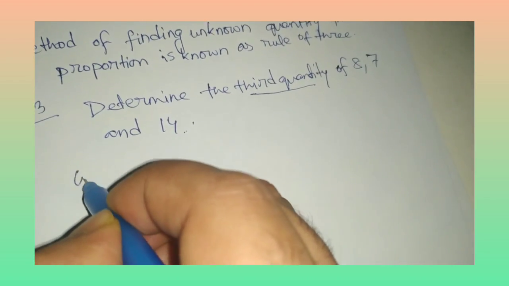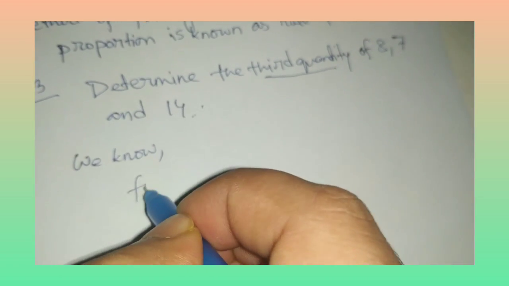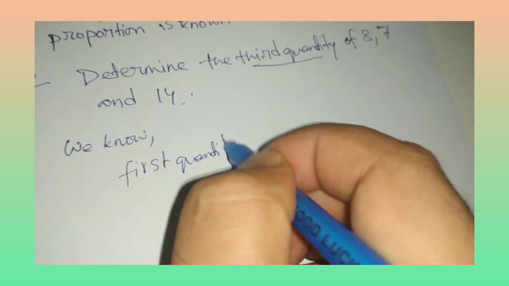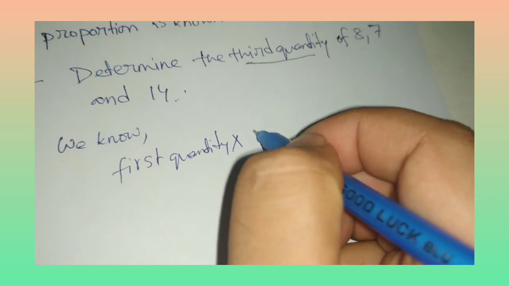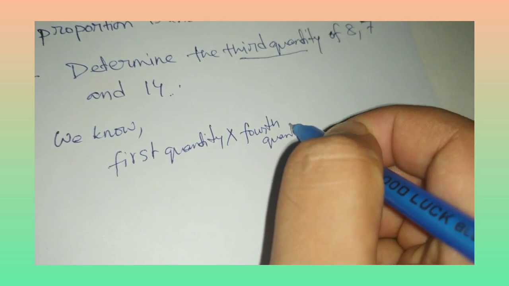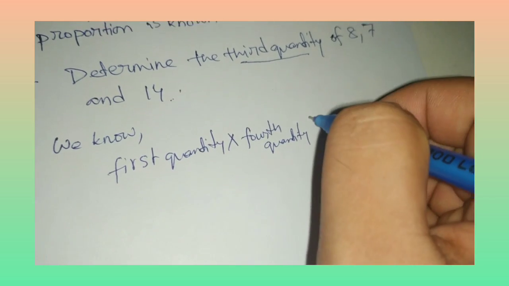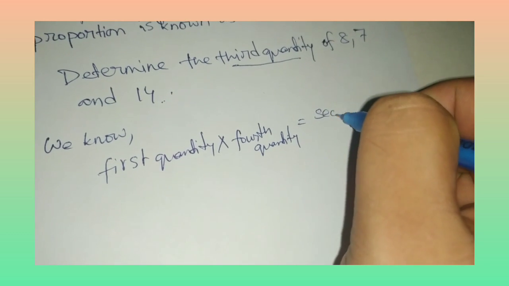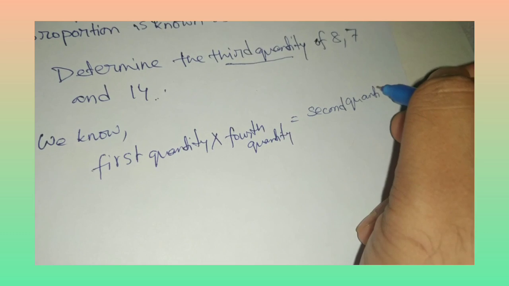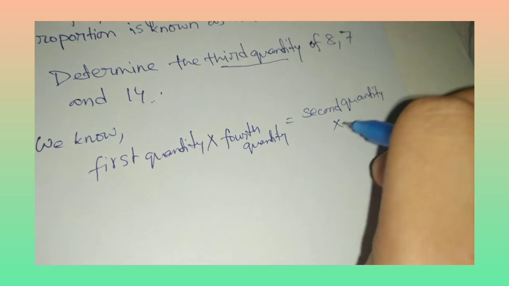So we can write, we know, first quantity, just write the formula, into fourth quantity equals second quantity into third quantity.